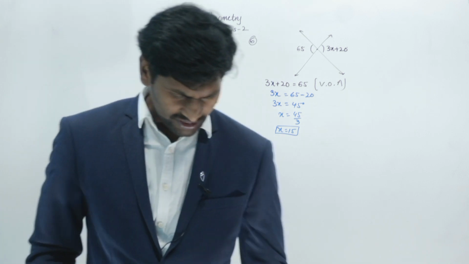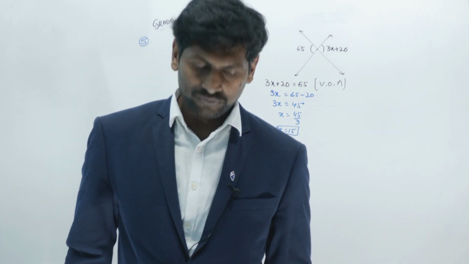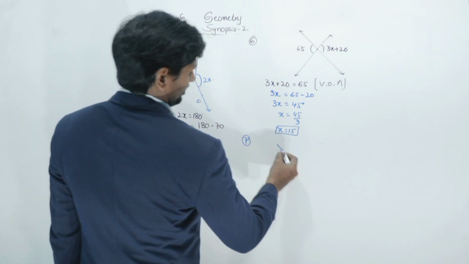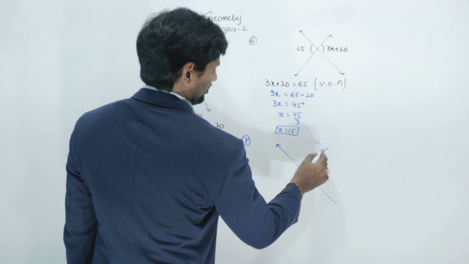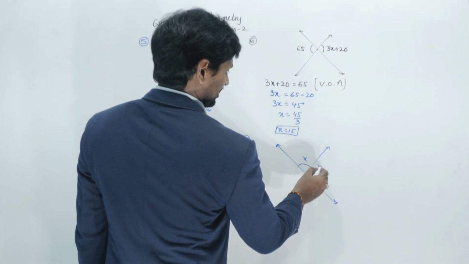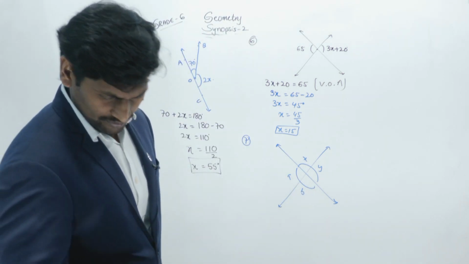The 7th problem says that in the figure x is to y equals 4 is to 11. Find a is to b. Same like this, x is to y equals 4 is to 11. Here a and b will be given.